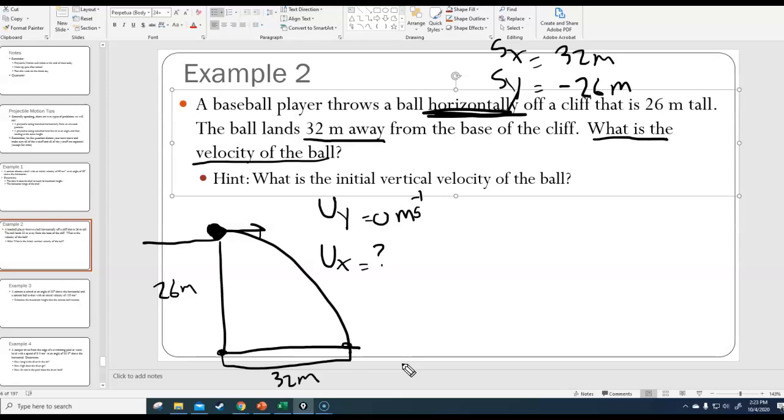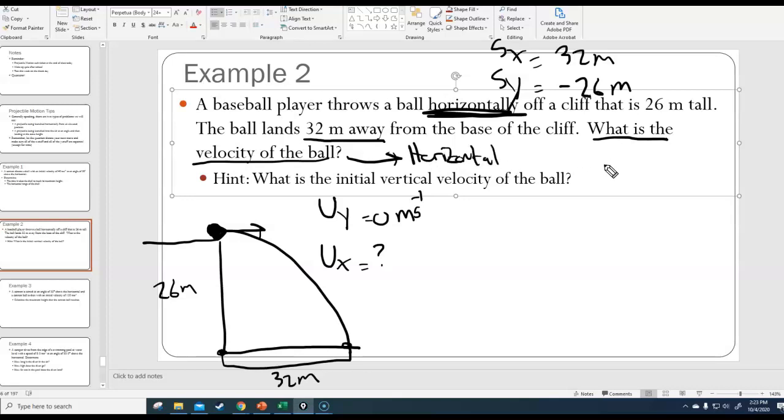Okay, so from here you let the question dictate what you do next. Now, I know uy is 0. I don't know what ux is, so if they're asking me for the velocity of the ball, they're probably asking me to find ux. That means this is a question about horizontal motion.